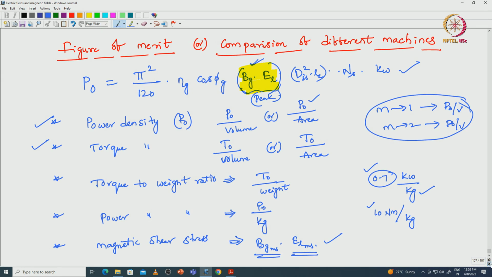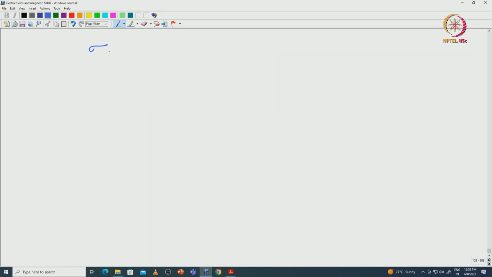If we take the RMS quantities, then the magnetic shear stress is represented with sigma m, equal to Bg RMS and electric loading RMS. To convert RMS to peak values, Bg into EL by 2, that is 1 by root 2 into 1 by root 2, will result in this.